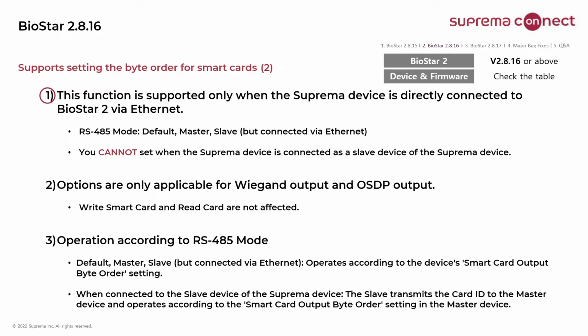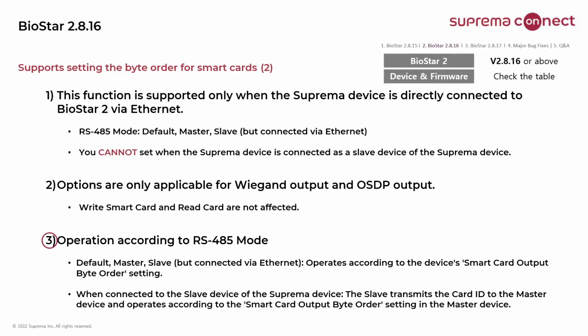You cannot set it when the Suprema device is connected only as a slave device of another Suprema device. Options are only applicable for Wiegand output and OSDP output. Write smart card and read card are not affected.